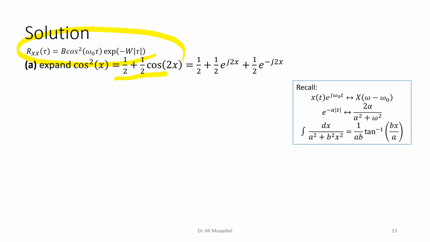And then cosine can be converted into exponential using Euler identity. Remember that we can write cosine theta as e to the j theta plus e to the minus j theta divided by 2. This is how we go from here to the next equality.